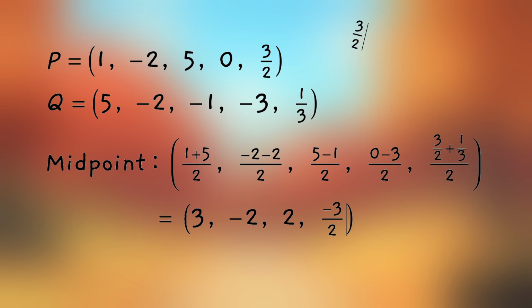So we have 3/2 plus 1/3 using common denominators. That's 9 over 6 plus 2 over 6, which is 11 over 6. If we divide that by 2, it's the same thing as multiplying by 1/2, and that gives us 11 over 12. So in this new dazzling world of 5-dimensional hyperspace, this would be the coordinates of the point that's halfway between P and Q.